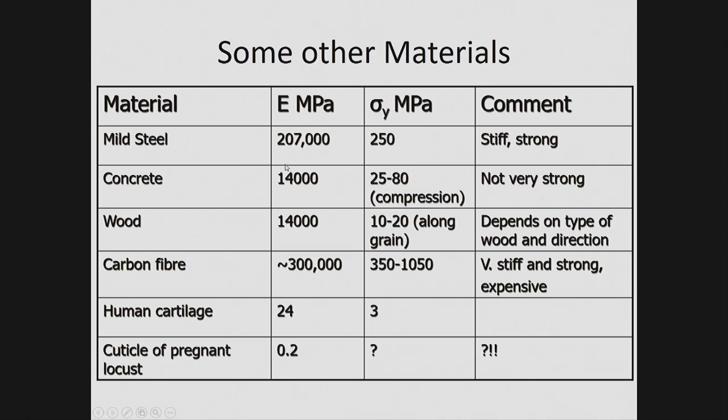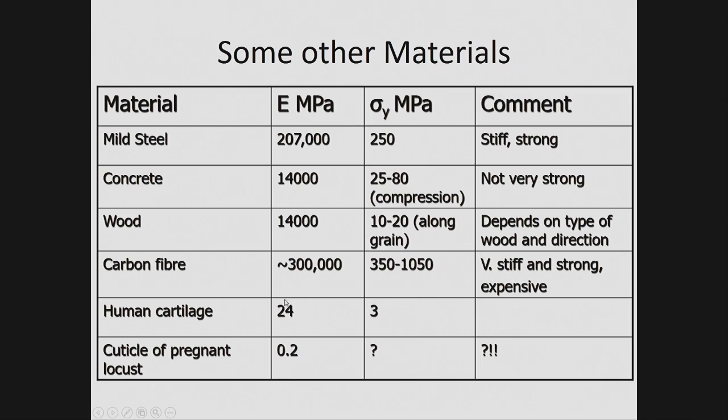Timber has a similar E value to concrete, but the strengths are much lower, depending on the type of wood and construction. Carbon fiber has a Young's modulus higher than steel, and its strength is a few times higher than steel. So it's very stiff and strong, but also quite expensive.